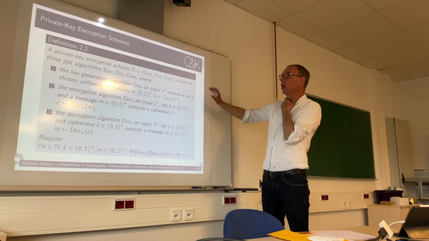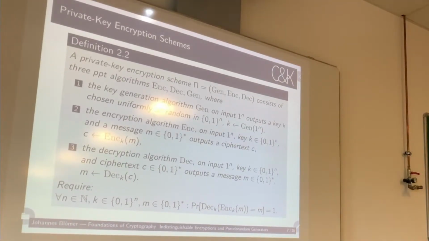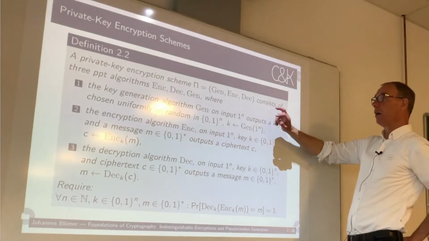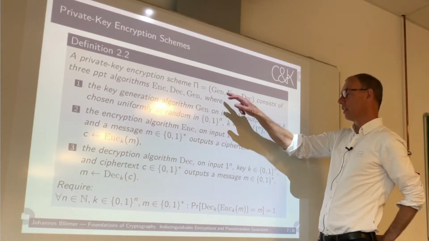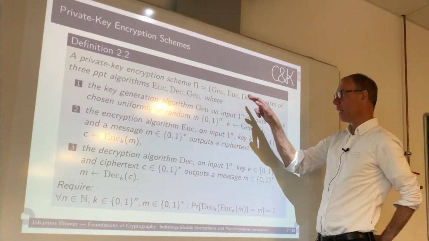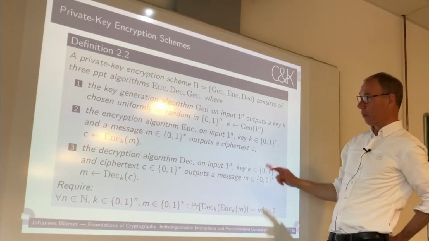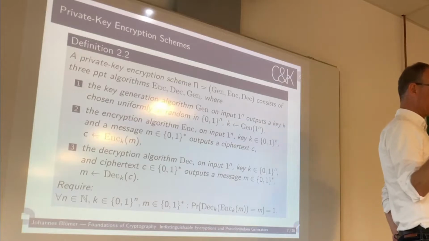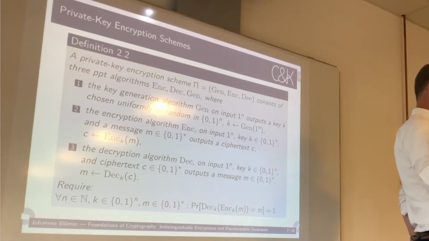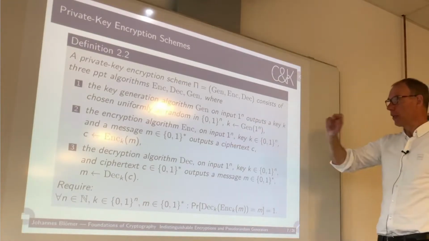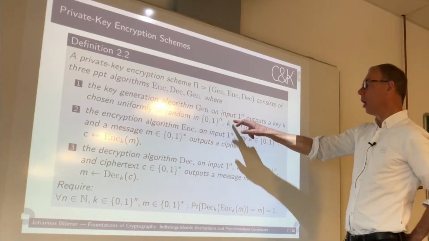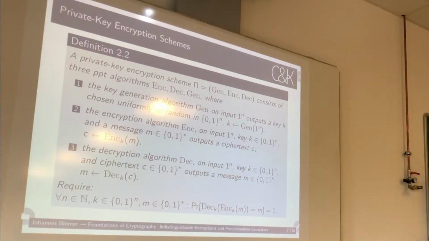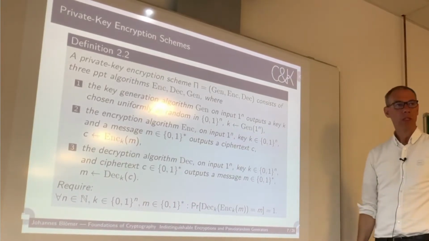So here's now our formal definition of a private key encryption scheme. It consists, as before, of the three algorithms: the key generation algorithm, the encryption algorithm, and the decryption algorithm, but now we require all three of them to be PPT algorithms, probabilistic polynomial time. The key generation algorithm, on input 1^n, outputs a key k chosen uniformly at random from {0,1}^n.